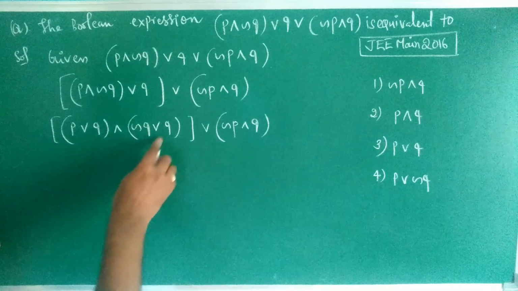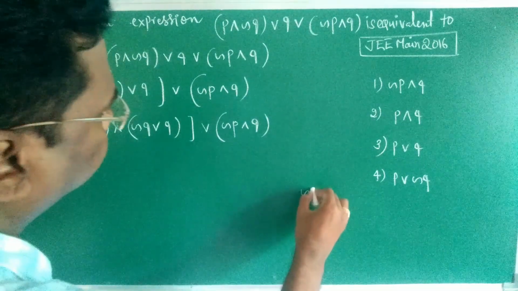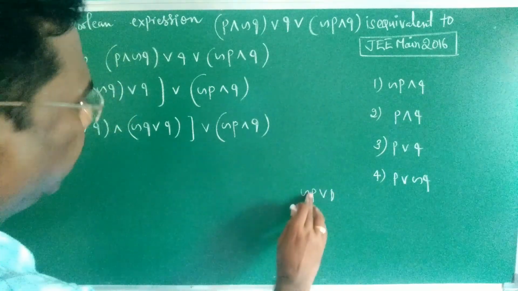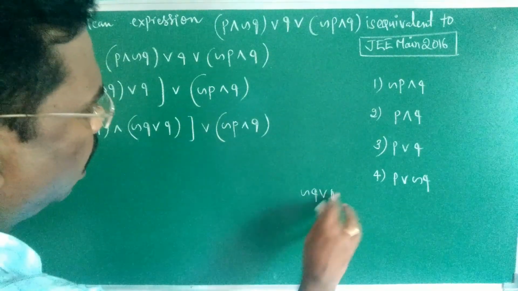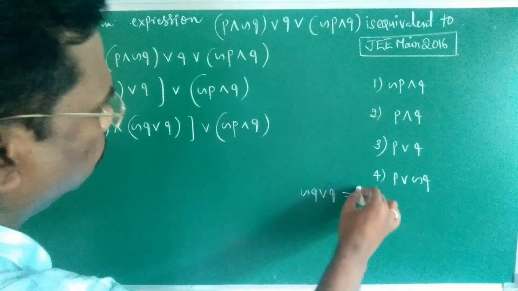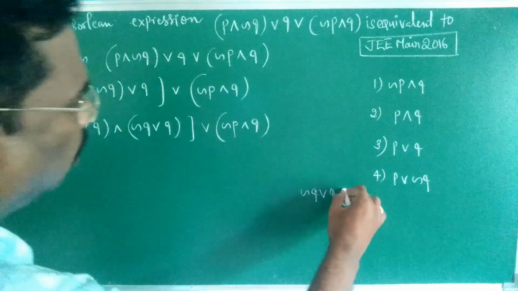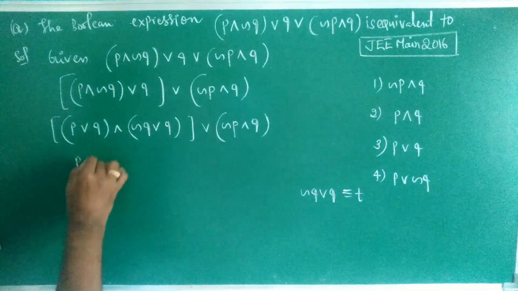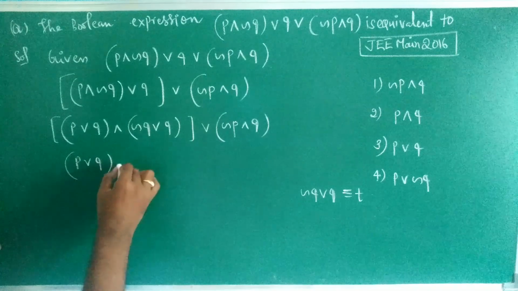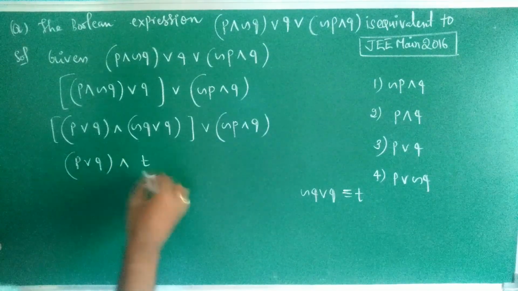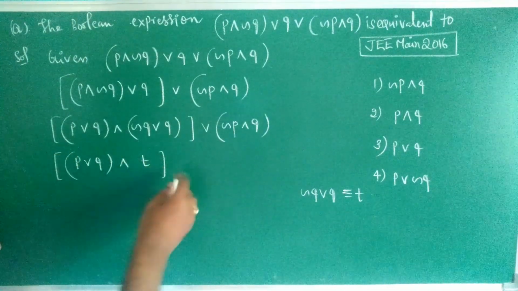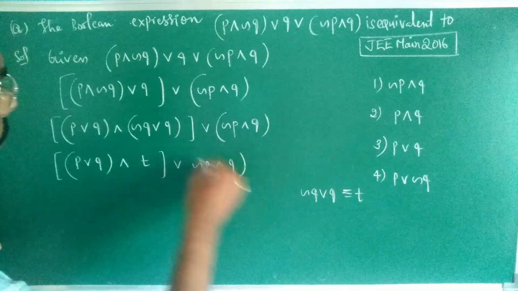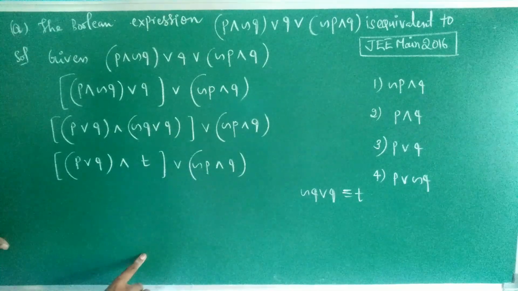Now this value, negation Q or Q, is logically equal to T, a tautology. Now (P or Q) and T, or (negation P and Q). Now P and T is logically equal to P, so P and T means P.